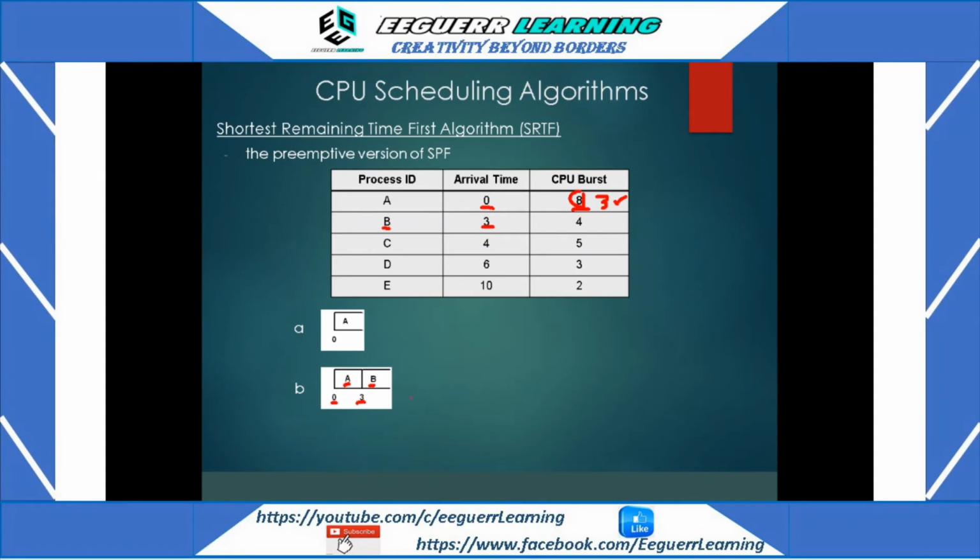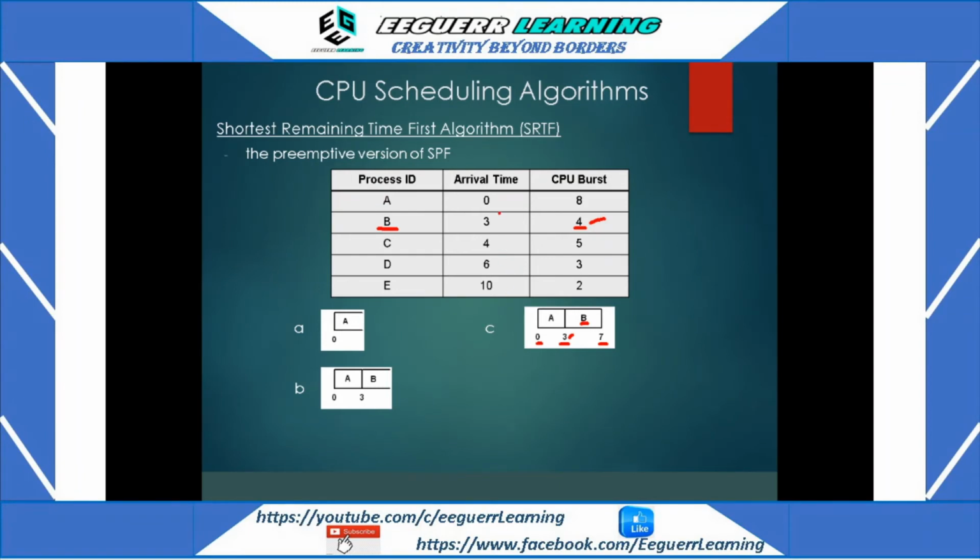Okay, so let us check. The next process will be, from 3, letter B, which will be processed for the burst time of 4. So 4 plus 3 will give us 7.